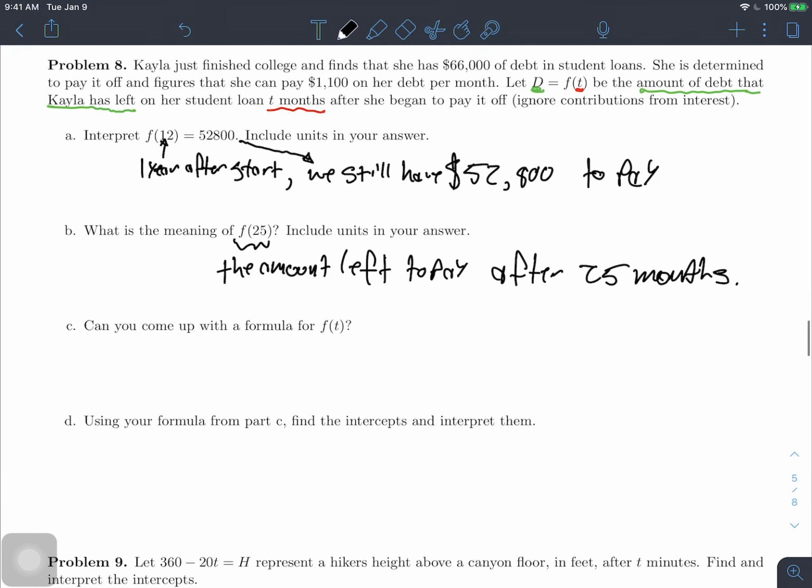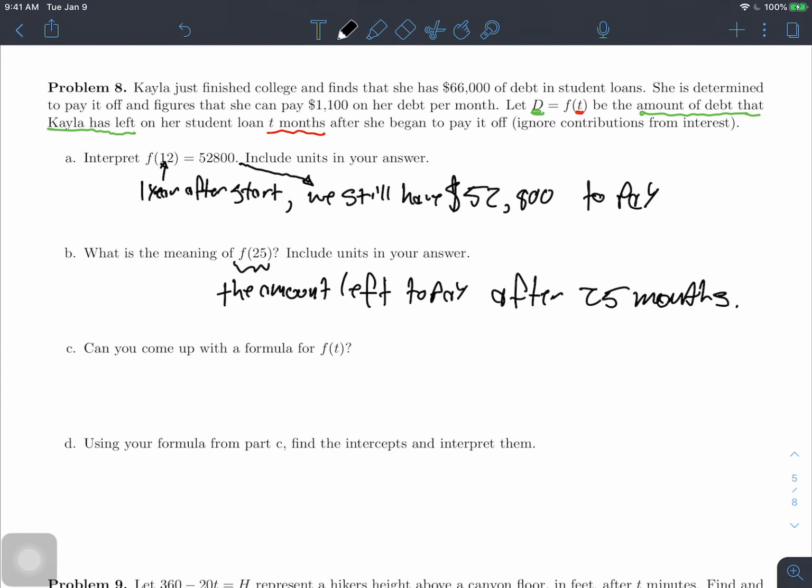Sure, I think we can. So, after we just finished college, but before we've started paying our debt, we have $66,000 in our loan. Okay? So what that tells me is that, first of all, f of 0 is going to be equal to 66,000. And after each month, we are paying off some of our debt, which means that our debt is going to be decreasing.